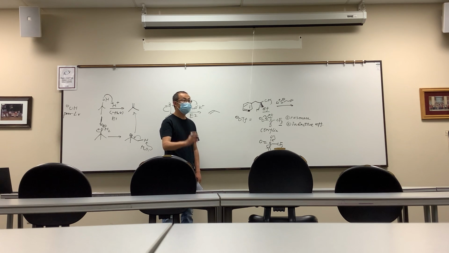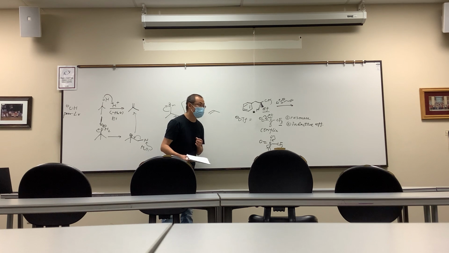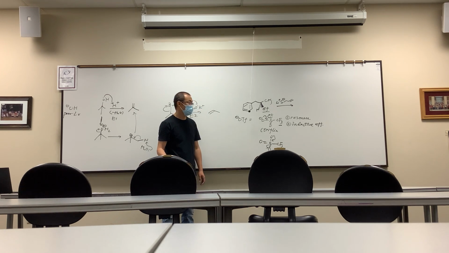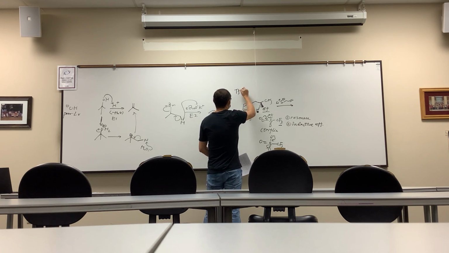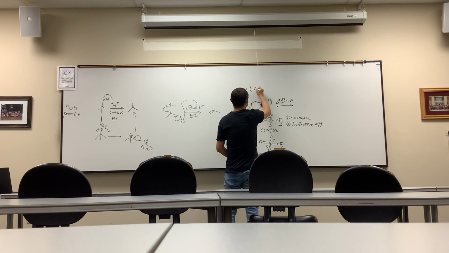Guys, when you study leaving groups, go to the chart in chapter 9. Take a look. What are good leaving groups? In general, good leaving groups are the conjugate bases of strong acids. That means TfOH, or I can draw the complete structure.